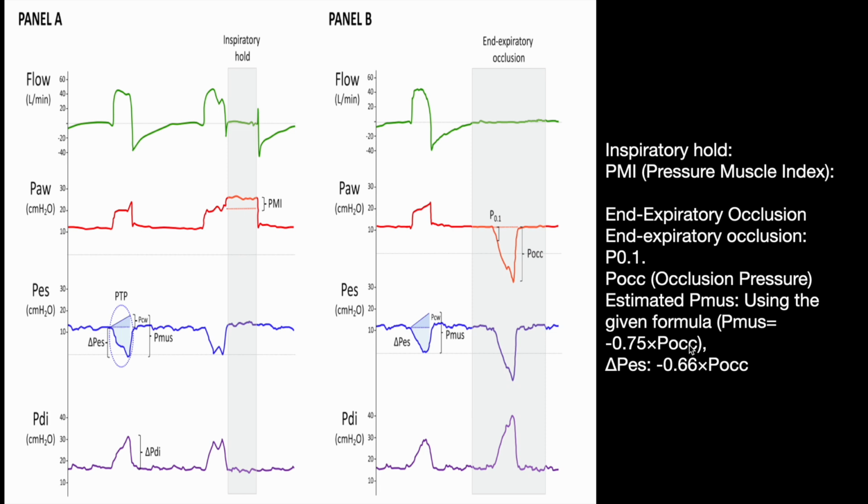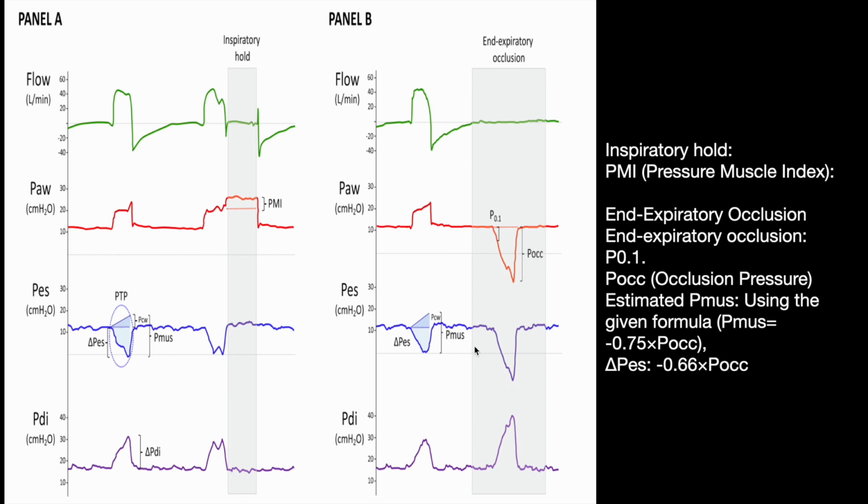This will give me a rough estimate of the P muscle. And to estimate the delta esophageal pressure, I will multiply it by minus 0.66. So basically, by using these formulas, I am getting a rough estimate of the delta esophageal pressure, the P muscle, the drive of the patient, and the muscle strength of the patient.